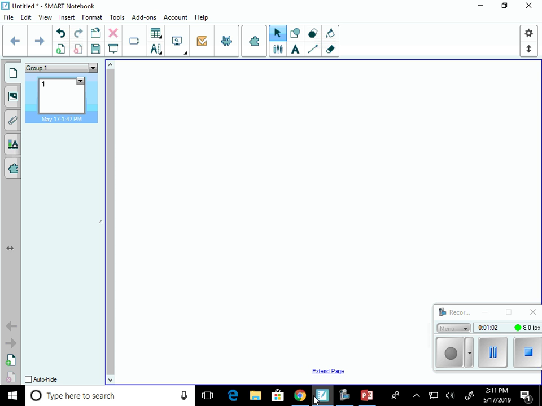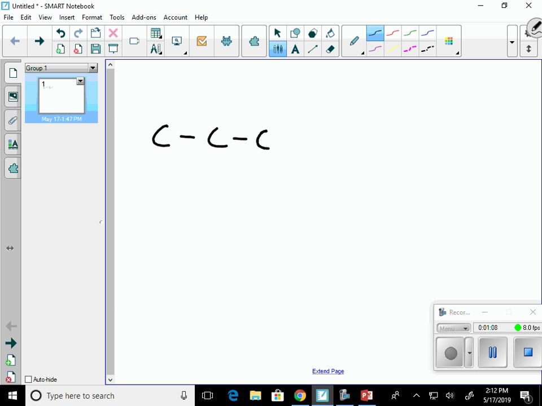So if we do octane as an 8 carbon chain, you can start with 1, 2, 3, 4, 5, 6, 7, 8. It is assumed that if nothing else is coming off those carbons, hydrogen is coming off of those carbons.